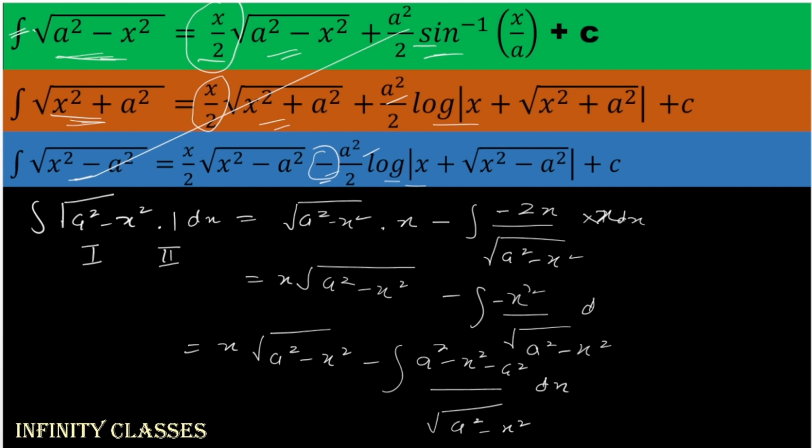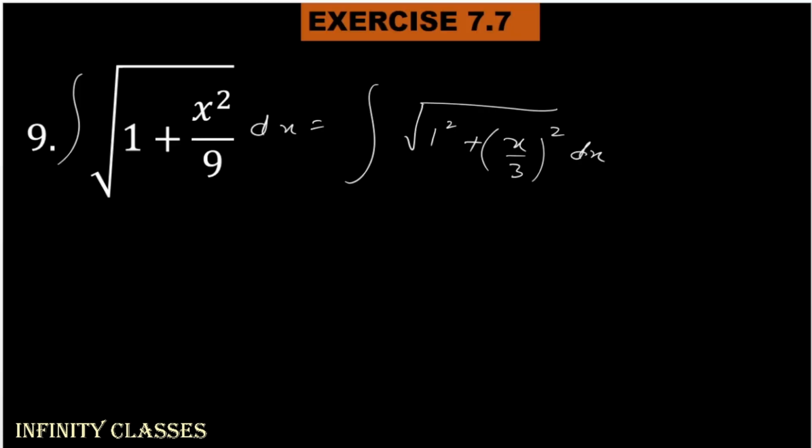So we'll complete our question. We will apply our formula. So it will be x upon 2, same result, same result meaning 1 plus x square by 9. Then a square.